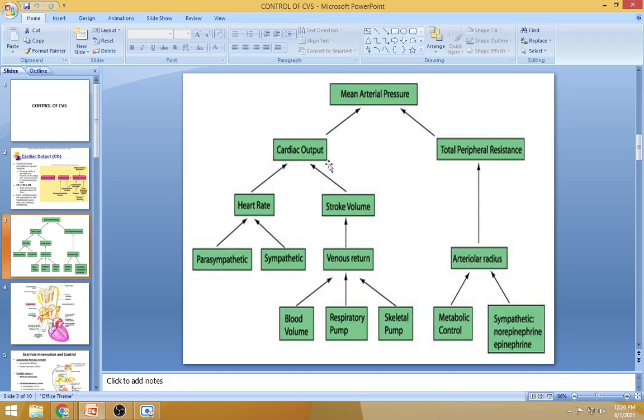If the heart pumps at 100 beats per minute, that is more than sufficient to create an output that will meet the demand of the body at rest. Understand? But as I've said, the human body does not spend its time only at rest.